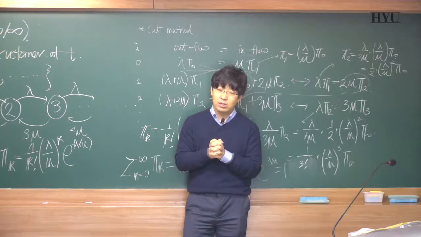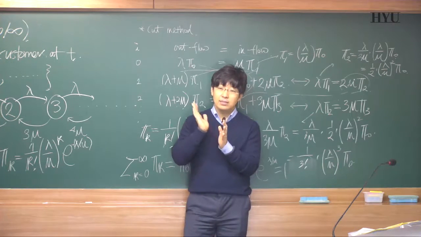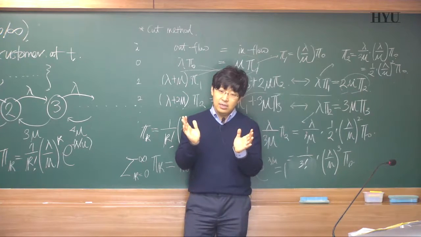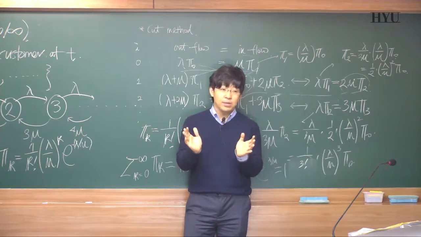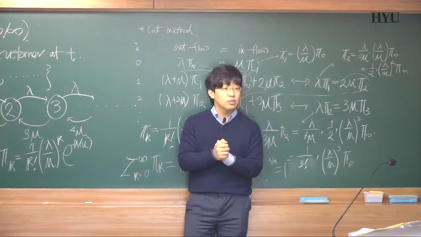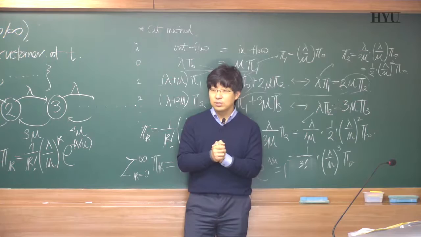What do you think? This one is a discrete random variable, right? And the PMF is 1 over k factorial times a constant to the k's power times e to the negative constant. Have you ever seen such a distribution?